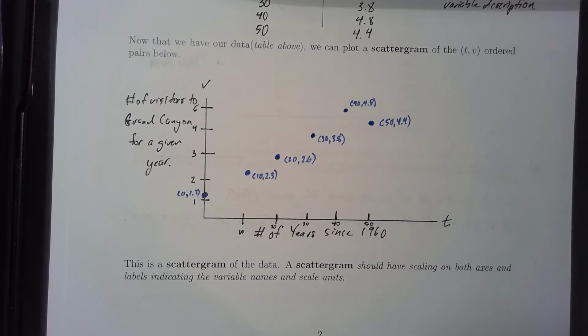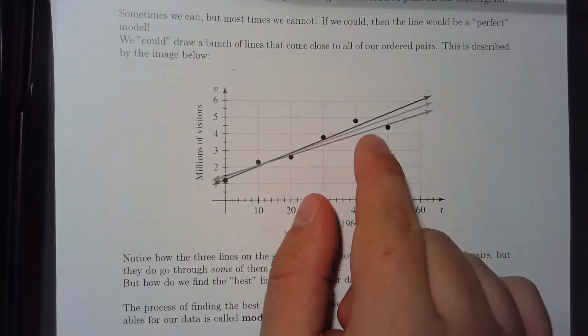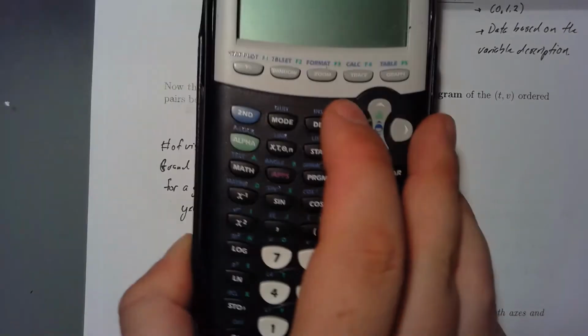So there's a way you could do this in your calculator. Actually, the scatter plot we just made is right here. I'll get to what these lines represent in a minute, but you can actually make this scatter plot in your calculator, so I'm going to show you how to do that.